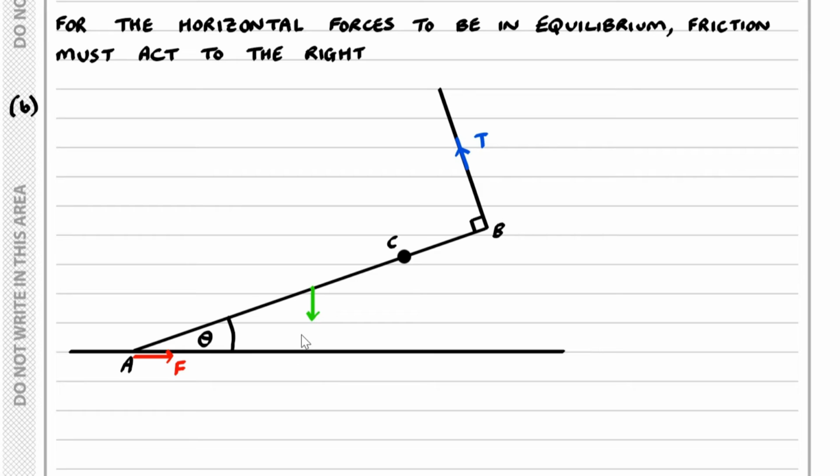Here we have M, and then we've got the weight of C, which is 2 mg.